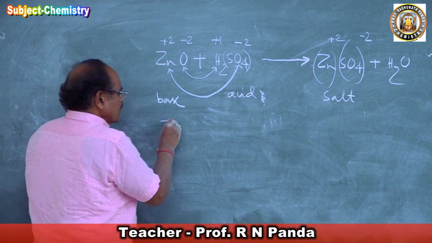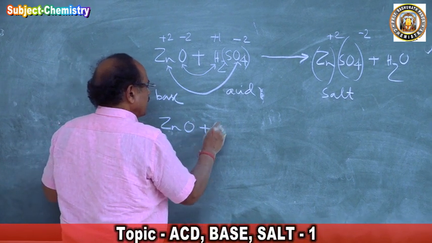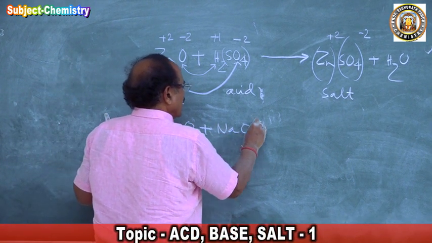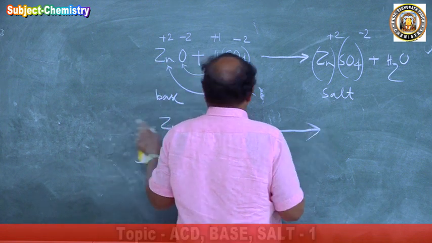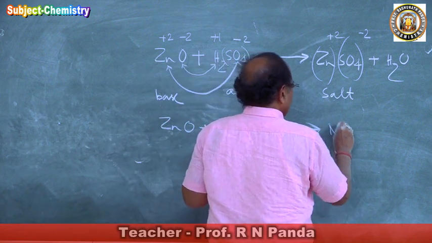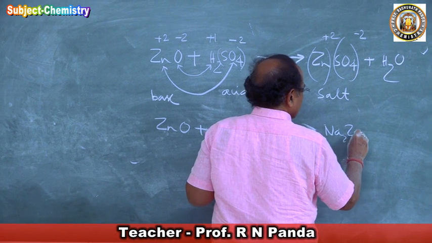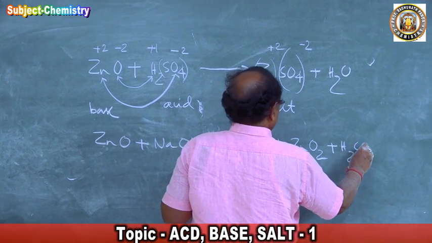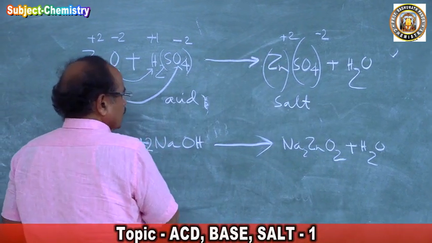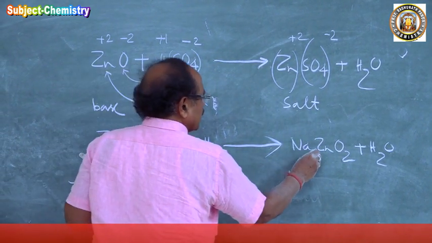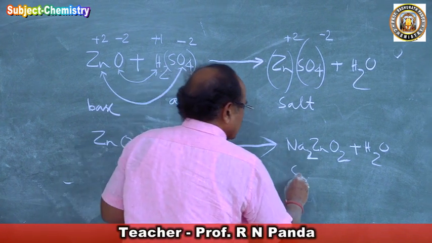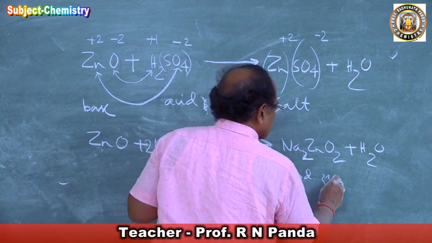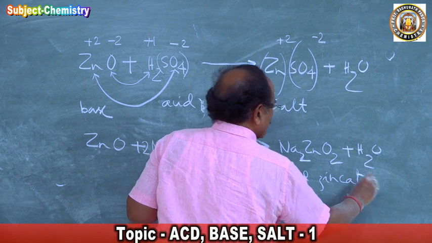Now if you take the same zinc oxide and add it to sodium hydroxide, it will form Na2ZnO2, sodium zincate, plus water. This is called sodium zincate, a salt.